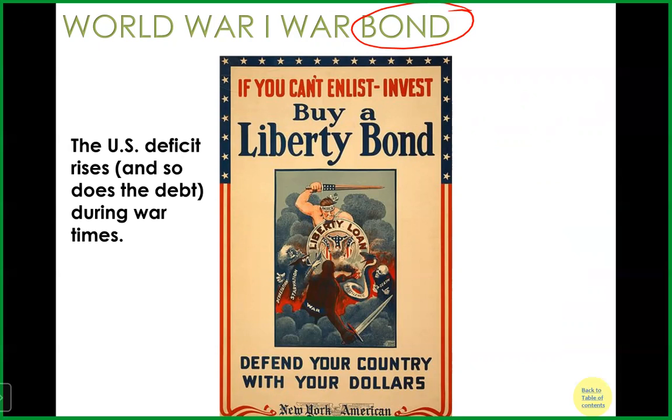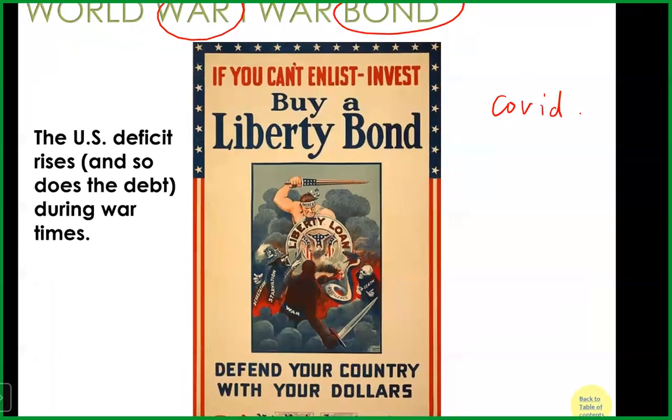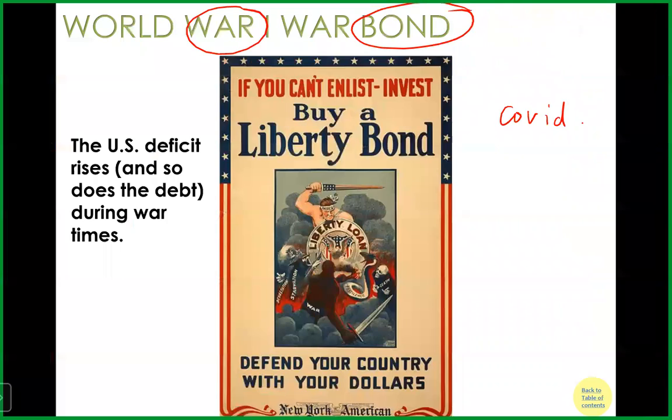This can be a physical war, like World War I. But this war can also be COVID or a pandemic. Also, this war can be a recession. Recession is also a war, right? So you can generalize the notion of this war.